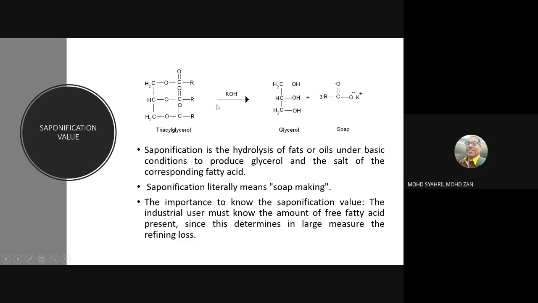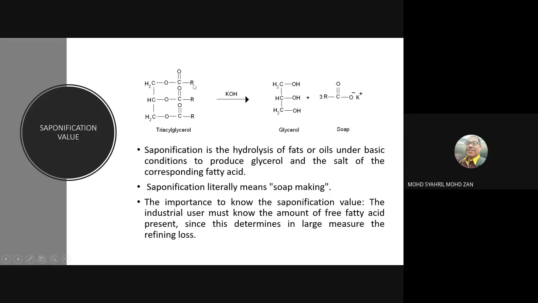Okay, once you've done the process of hydrolysis by adding the potassium hydroxide, you will get two components. Number one will be glycerol, and then you get three soaps, a triplet of soap. Why do we call it soap? Because you put the potassium ion here. Okay, so R represents the fatty acids.